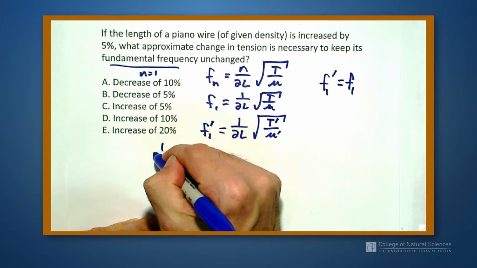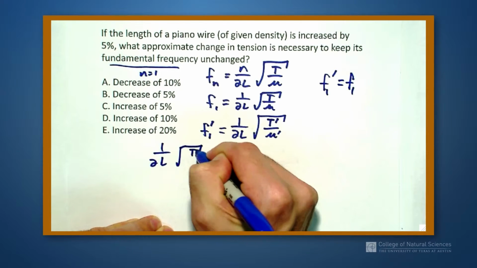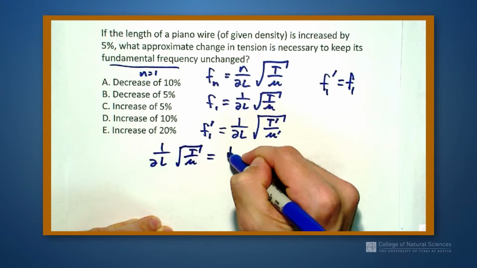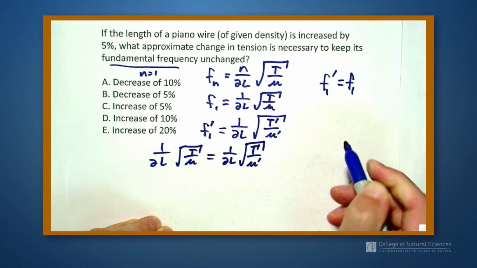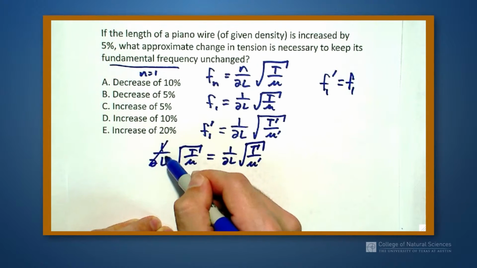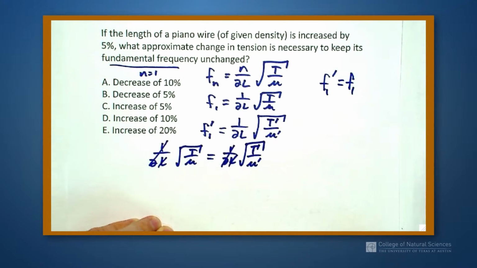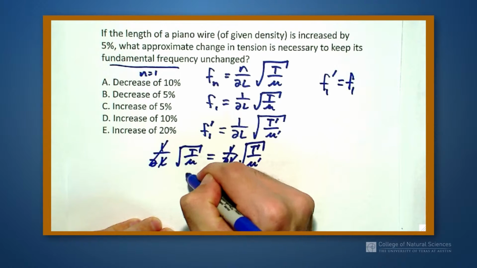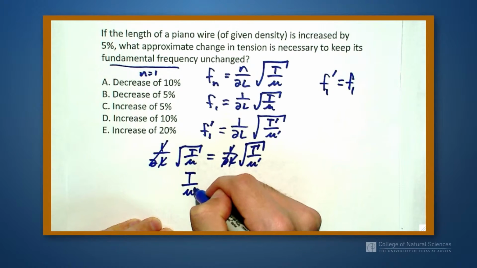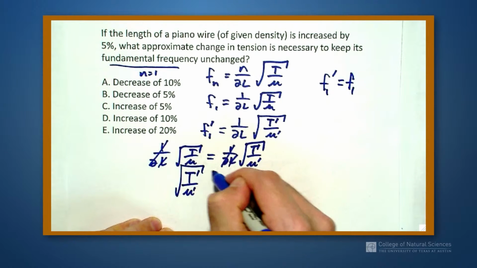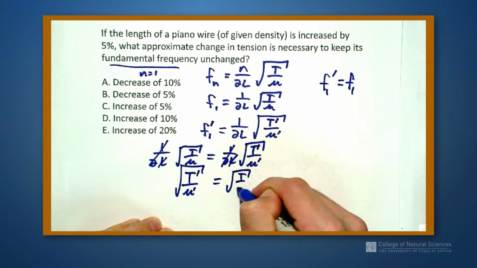So that means 1 over 2L square root of T over mu is equal to 1 over 2L square root of T prime over mu prime. And I'll see that 1 over 2L cancel each other out. So I have the square root of T over mu equal to the square root of T prime over mu prime.